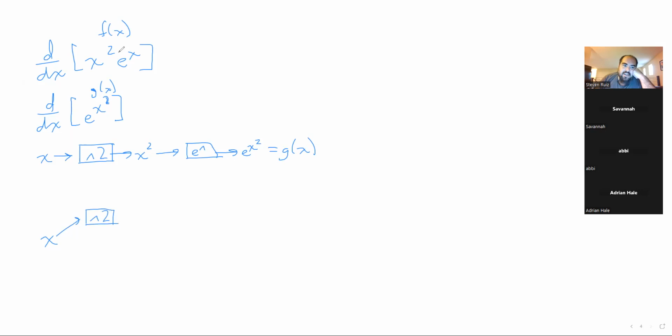In this other one, I'm squaring x, and I'm also raising e to the power of x. Those two things don't happen one after the other. They happen at the same time. And then what happens to the x squared and the e to the x? They get multiplied together, and what comes out is x squared e to the x, which is equal to f.